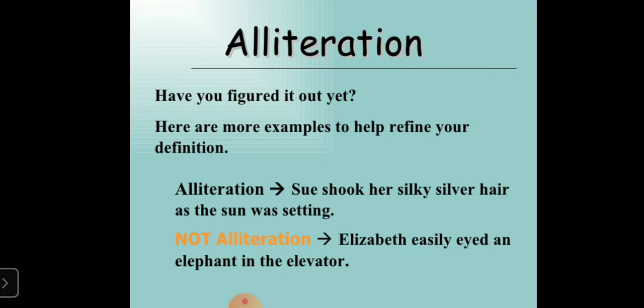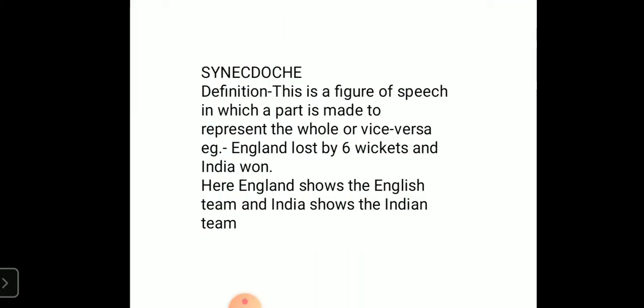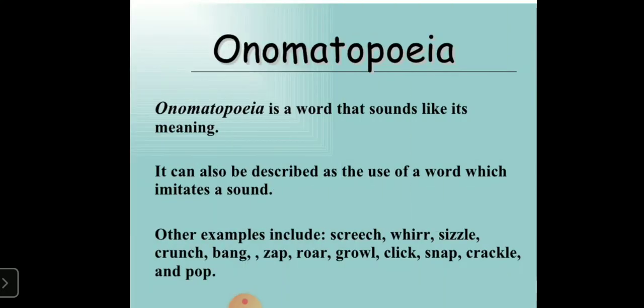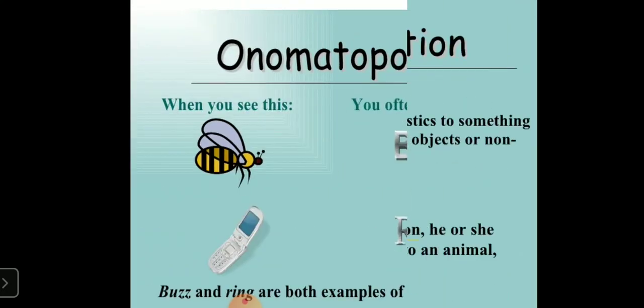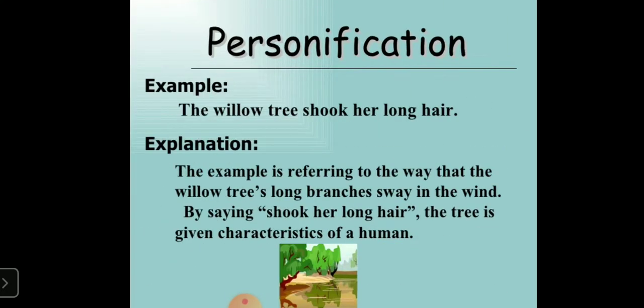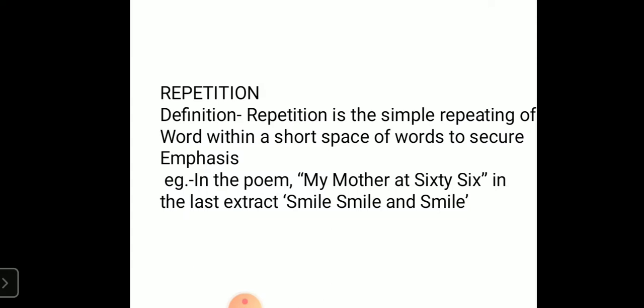Now there is a difference between alliteration and repetition. Let me just make it clear first. I have prepared certain more slides. Yes, repetition, as the word says, means repeating of the word.